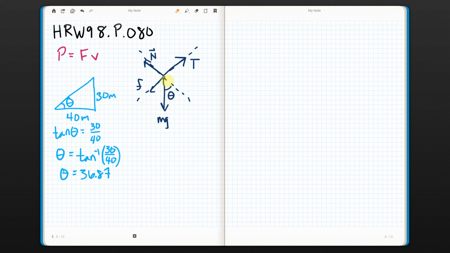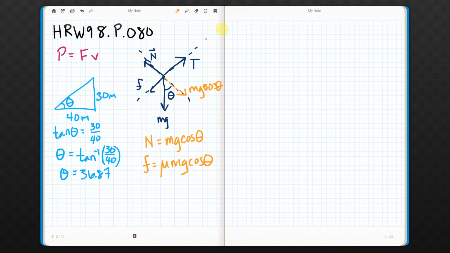The normal force should be exactly canceled out by the y component of gravity, which is mg, adjacent to the angle, so cosine of the angle. So the normal force is mg cosine theta, which means the frictional force is mu mg cosine theta.